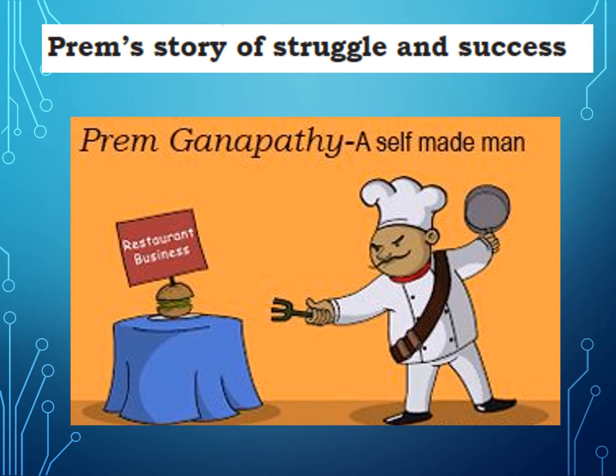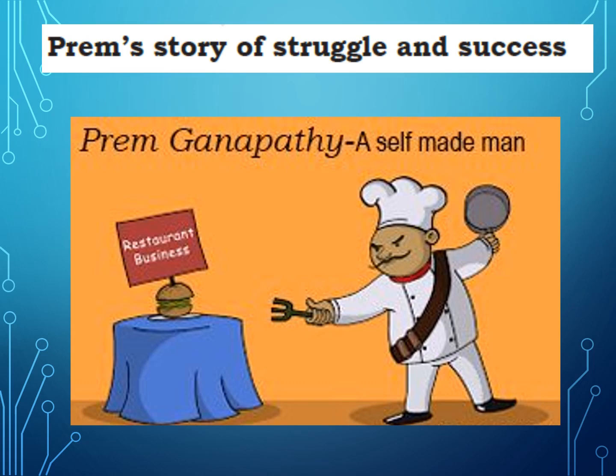Then he took the biggest risk of his life and opened a new shop near a station and named it Dosa Plaza. Dosa Plaza is one of the most famous dosa shops in Mumbai.